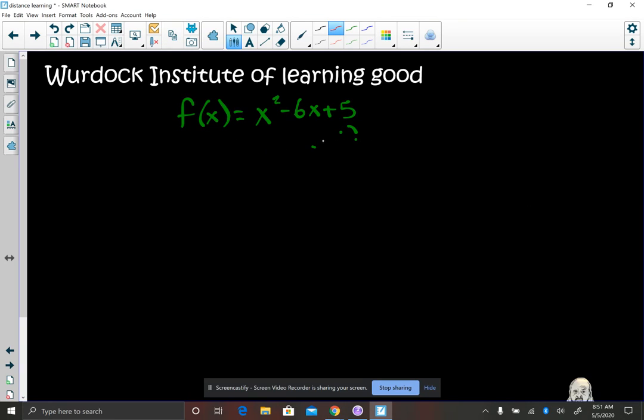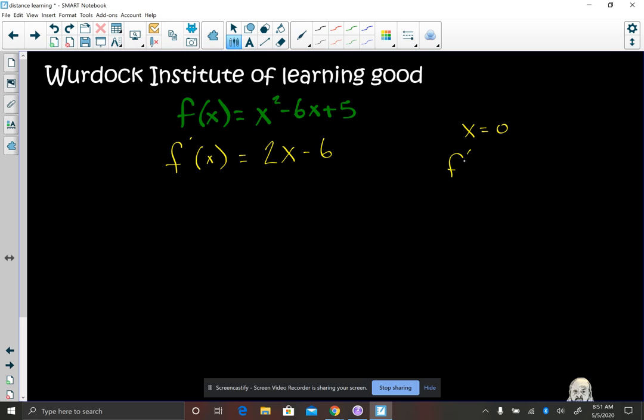You are given a function. You find the derivative, which is 2x minus 6. That function takes different x values and gives you slopes. So for instance, if I say, what is the slope when x equals 0?